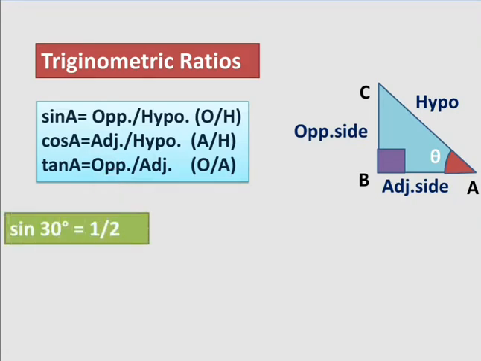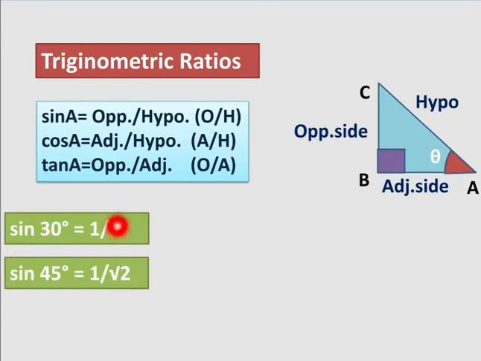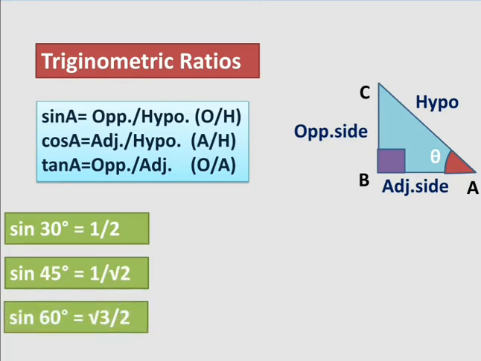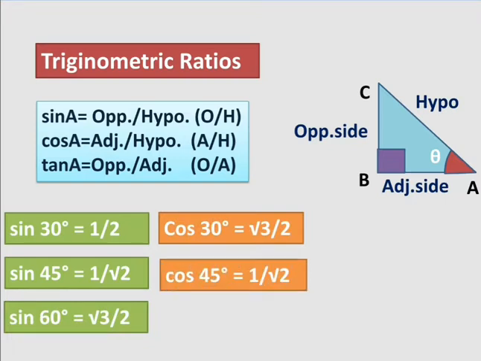First of all, sine. Sine 30 degrees value is 1 by 2, sine 45 degrees value is 1 by root 2, and sine 60 degrees value is root 3 by 2. Next, cos. Cos 30 degrees value is root 3 by 2, cos 45 degrees value is 1 by root 2, and cos 60 degrees value is 1 by 2.